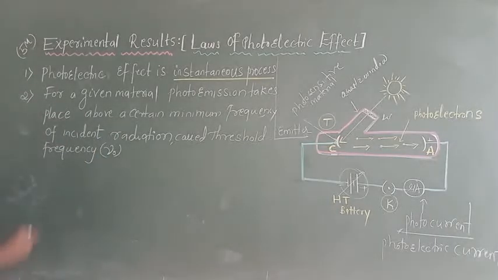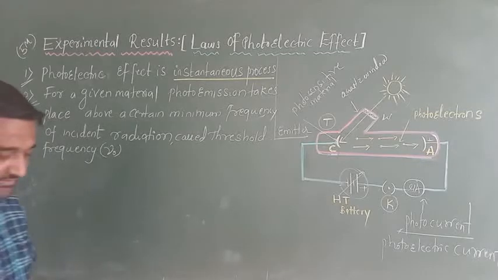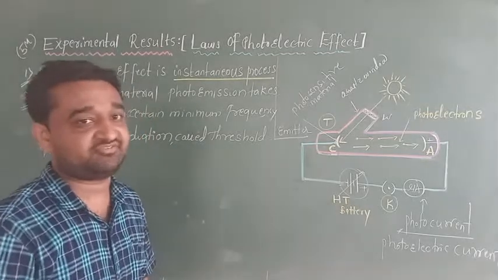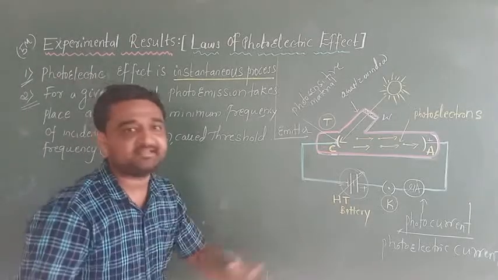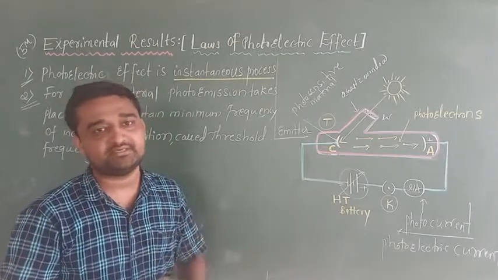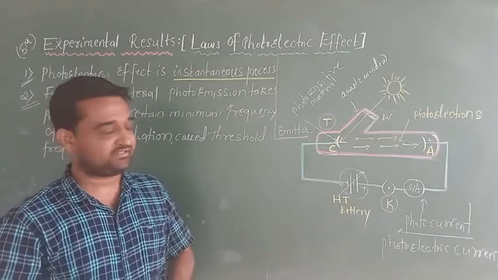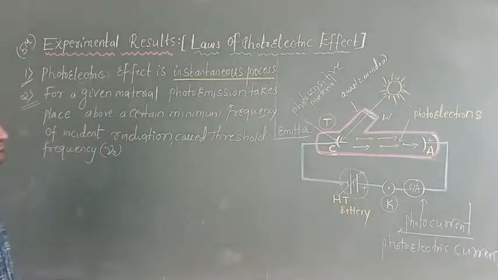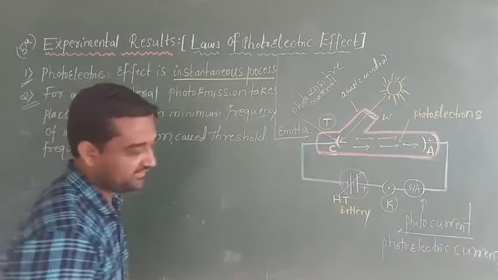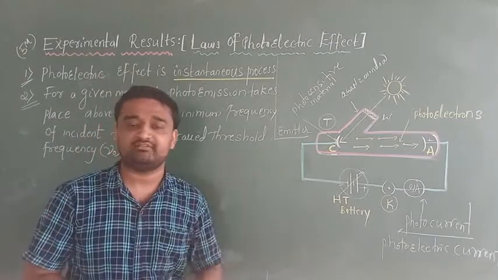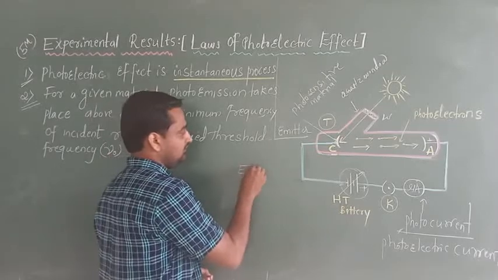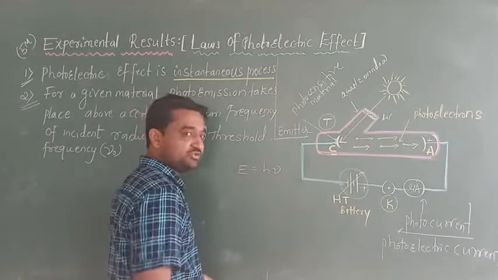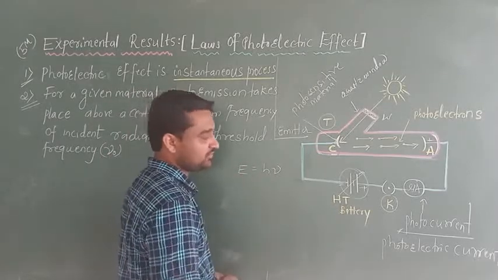And the second point is also very important. As you know, what is work function? The minimum amount of energy required to liberate the electrons from the metal surface is called the work function. Each radiation has a certain frequency. You know that the energy is equal to h nu, based on Planck's quantum theory of radiation.